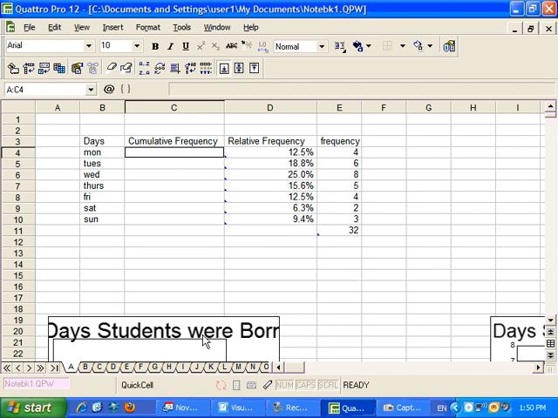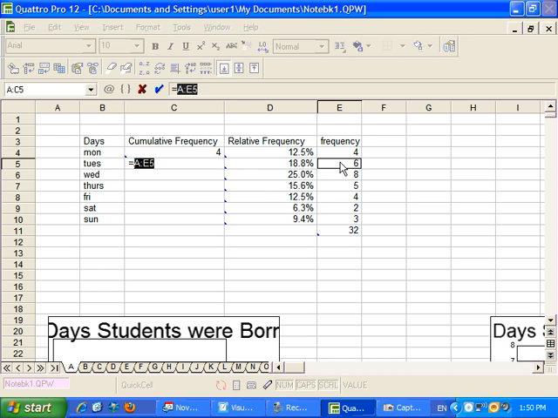So the formula that you set up for cumulative frequency, for the first one, it's going to just equal the frequency. So for Monday, it's 4. The second formula, and this is the one that's going to go through, and we're going to copy and paste it, is how much was on that day plus, so you do addition, the previous total. So you add the 4.